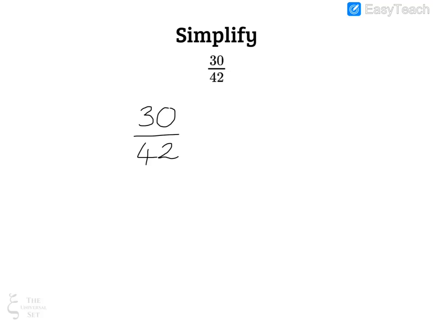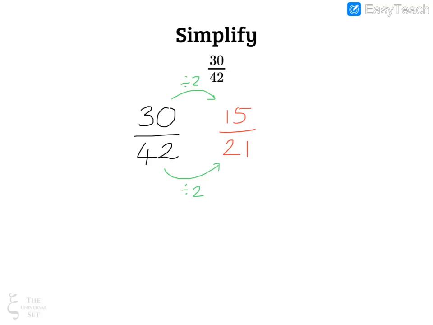So that means they're definitely both in the 2 times table. So let's start off by dividing by 2. Dividing by 2, dividing by 2. Now, 30 divided by 2. How many 2's make 30? The answer is 15 of them. And 42 divided by 2, how many 2's make 42? The answer is 21 of them.